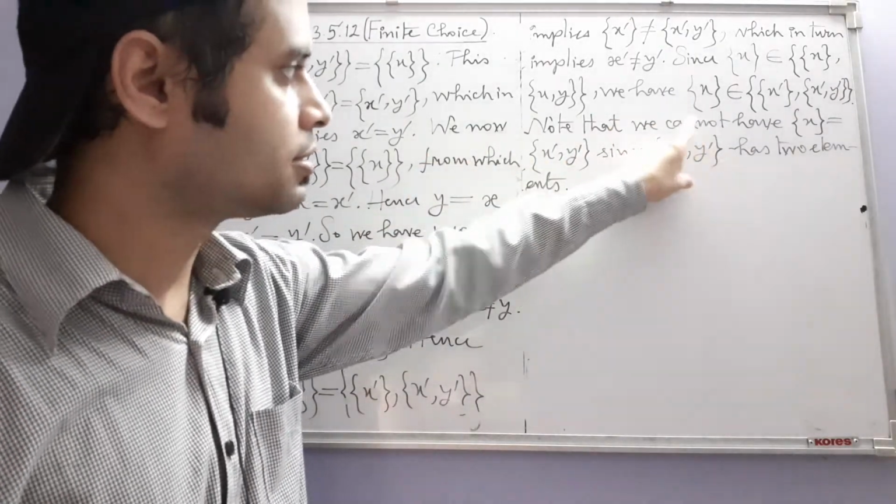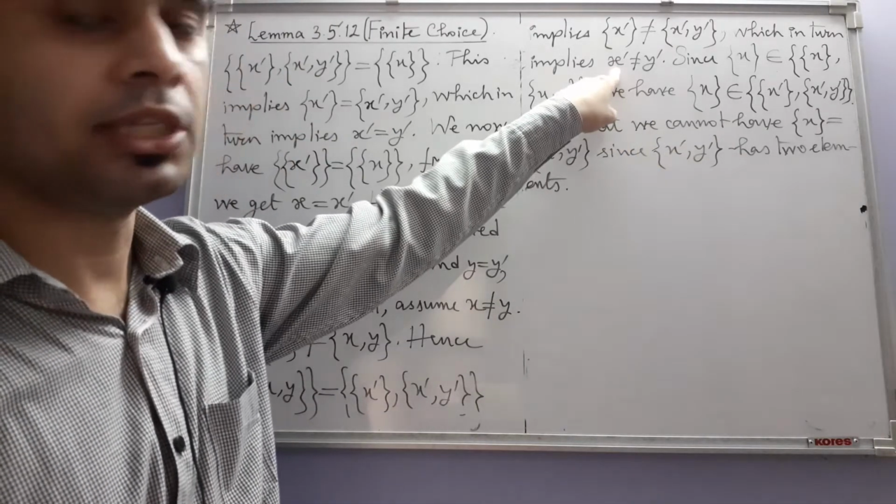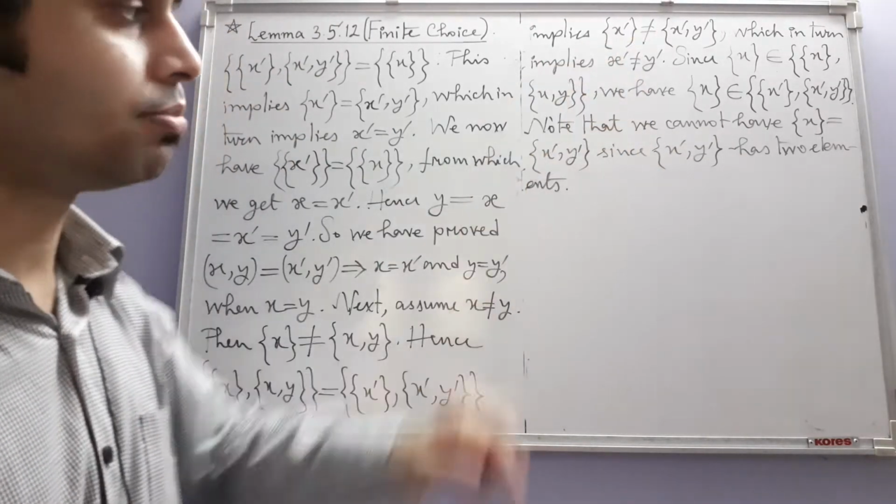And where is this fact that this has two elements coming from? That is coming from this. Okay, x prime and y prime are different.